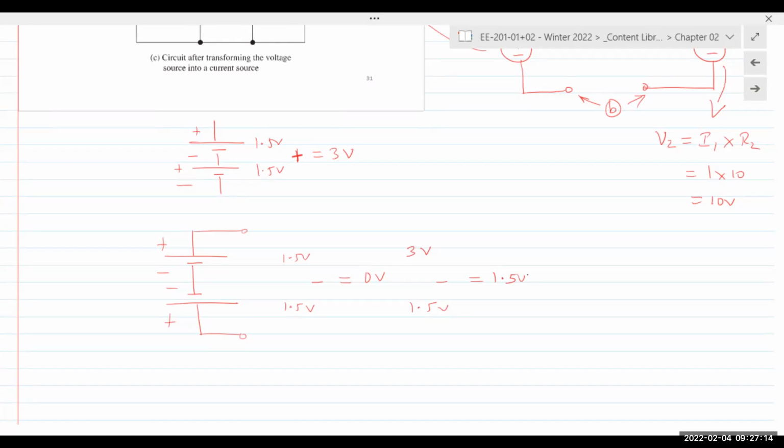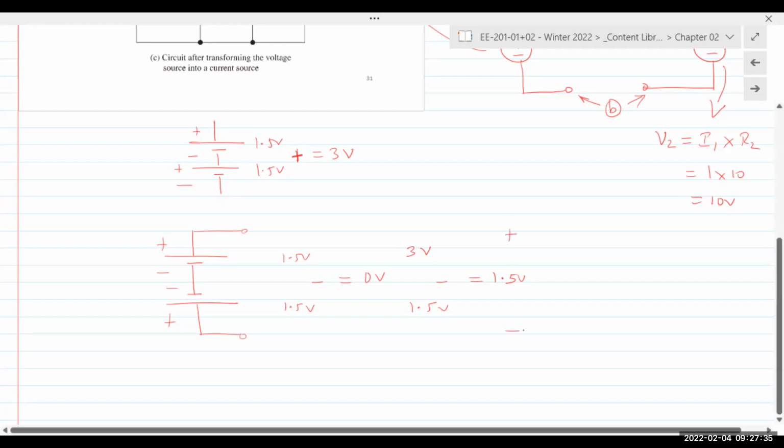Now, where is the plus sign for this example? Where's the plus and where's the minus? 3 volts is higher than 1.5, so plus is up top. So you got plus here and minus here.